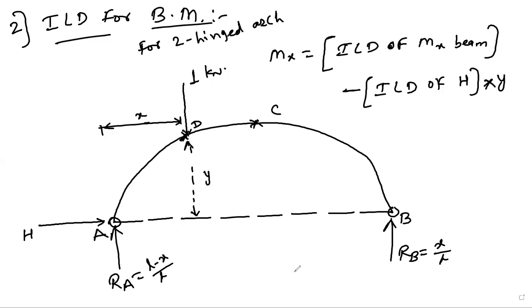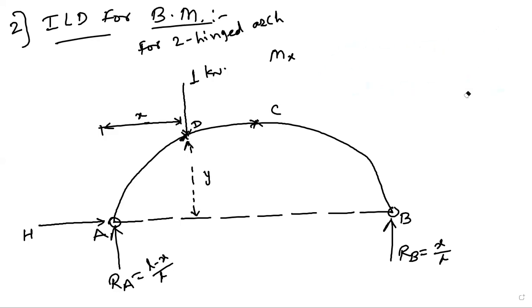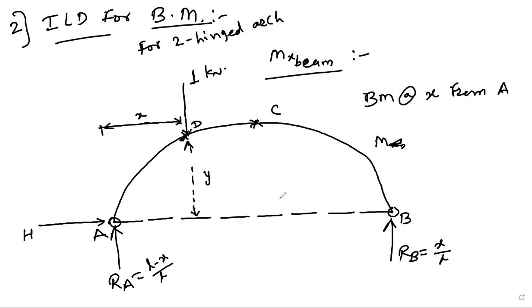Now Mx of beam is equal to, next line, Mx of beam, that is bending moment about x from support or from hinge A. Mx of beam is equal to RA into x.